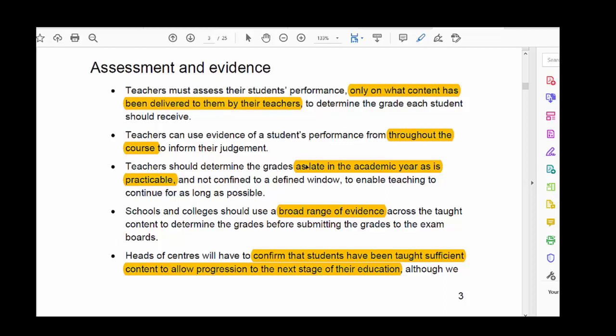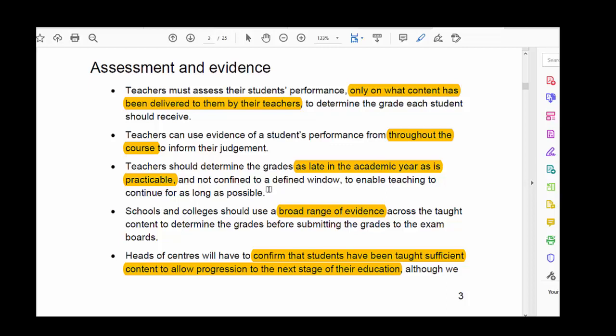Teachers should determine the grades as late in the academic year as practical. So this is to allow you to learn as many more topics as possible before your grades have been decided, and giving you more time to improve your grade.